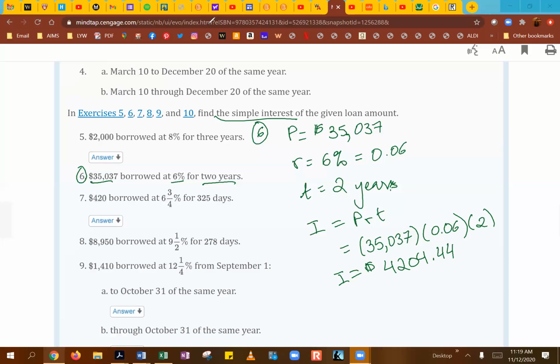Now, if you wanted to calculate the future value, remember, this is where you add your principal with your interest. So we would have taken our $35,037 and added it with the interest of 4204.44. And what do you think this total would come out to be?